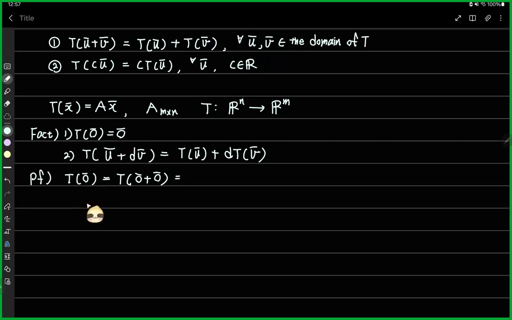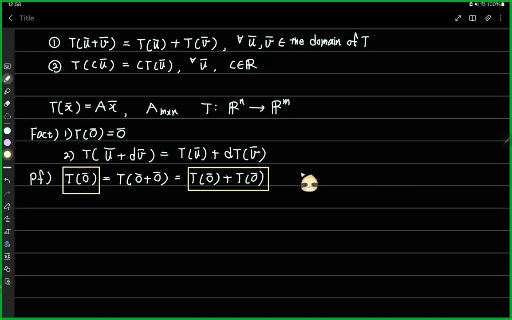So we need to derive the zero vector from this. I'm going to use a trick. By the first property of linear transformations, we can decompose this as T of zero vector plus T of zero vector. So you see, this one is equal to this one: T of zero vector is equal to 2 times T of zero vector.